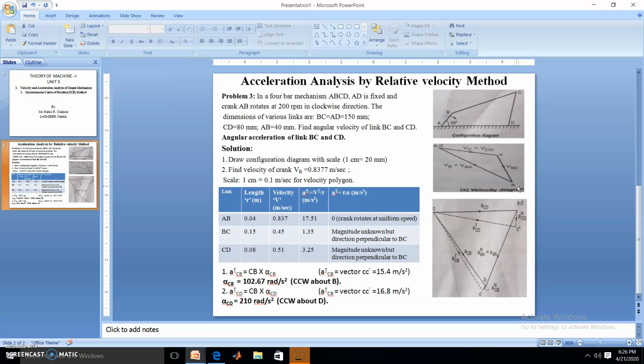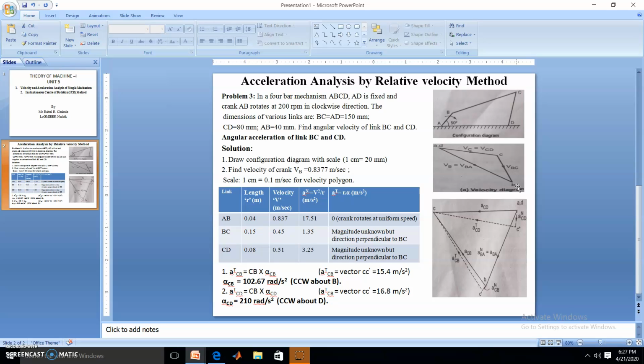Again the velocity of link BC is perpendicular to link BC passing through the point B. So you know the direction, it is perpendicular passing through the b point, which you already got. You don't know the magnitude, so just draw the perpendicular line, which is the velocity, and leave that. The next link is CD.